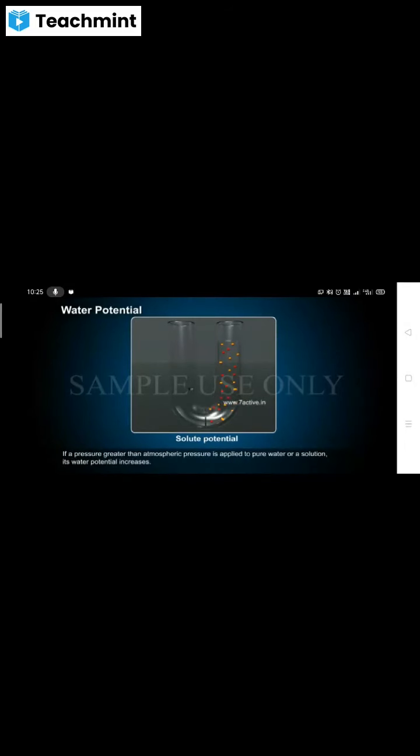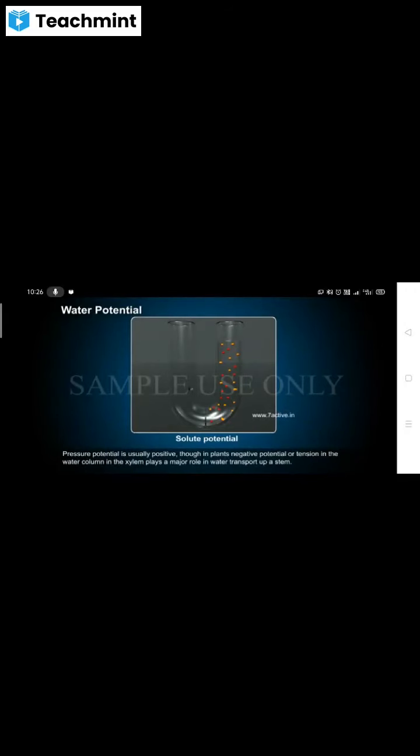If pressure greater than atmospheric pressure is applied to pure water or a solution, its water potential will increase. It is equivalent to pumping water from one place to another. Pressure can be built up in a plant cell when water enters the cell by diffusion, causing pressure against the cell wall, and the cells become turgid, increasing the pressure potential.